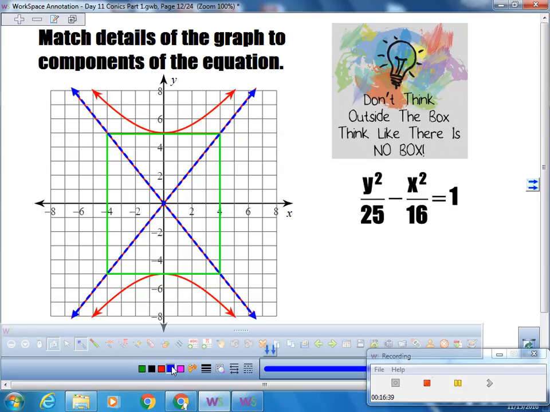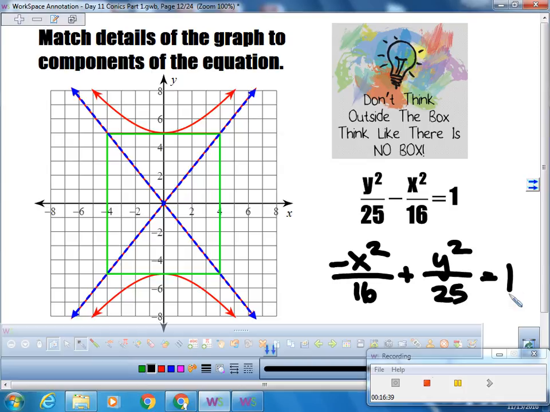It's actually a lot easier answer than you'd think. I could write it this way if I wanted to, but do we normally see things written like that with a negative out in front? Do you know what I mean? So we just naturally switch them, and then I know that since my y is coming first, I now have my branches going vertically rather than horizontally.